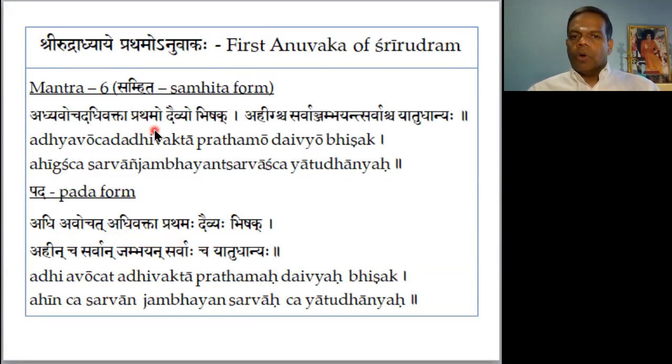Then 'prathamo' is 'prathamaha', because again this visarga at the end becomes 'o' because of sandhi. So the simple word is 'prathamaha'. And 'daivyo' is 'daivyaha'. Again the visarga has become 'o'. Then 'bhishak' is as is.